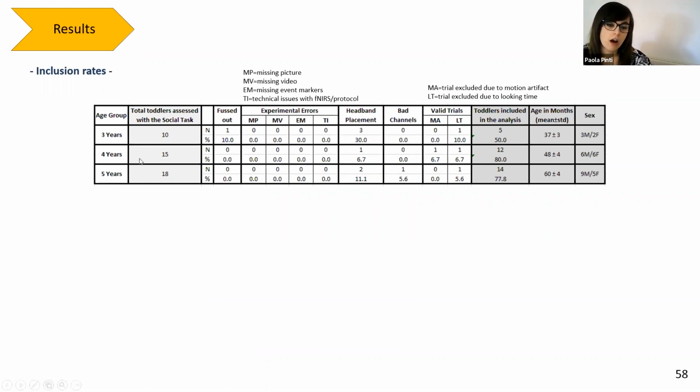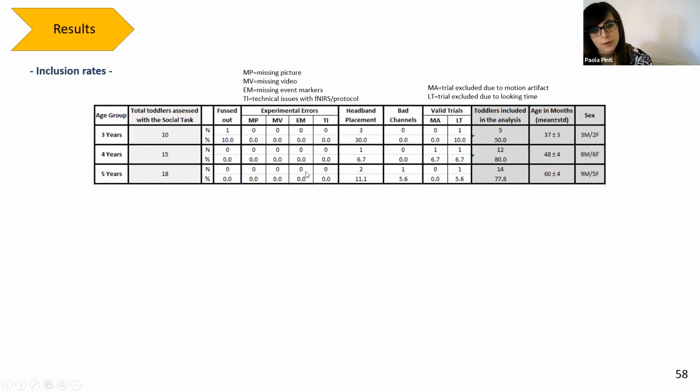So here on this table, you can see on the left our initial sample sizes, so our initial participant numbers per age group. So basically all our participants agreed to take part in the tasks, except one. So of course, maybe with toddlers it's easier, but they were all quite compliant and were happy to take part in our task.